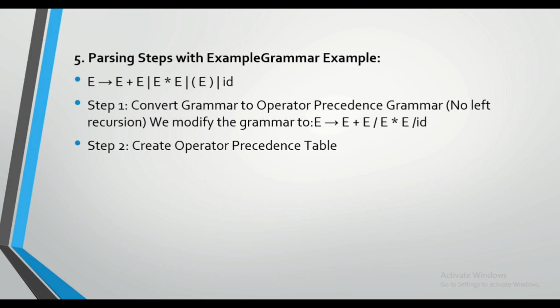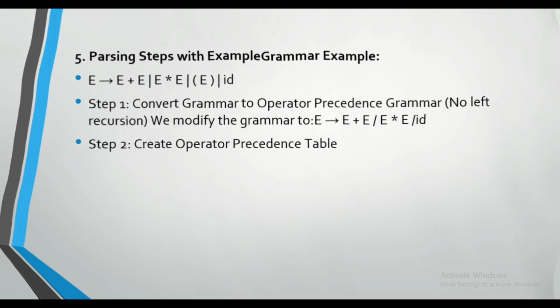Step 1 is to convert to operator precedence grammar. There is no left recursion. We modify the grammar. Here, the modification of the grammar is E gives E plus E multiply E. And the second step is create the operator precedence table. Here, removal of left recursion makes it suitable for precedence parsing.